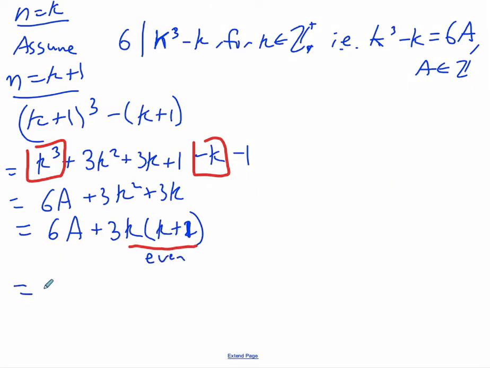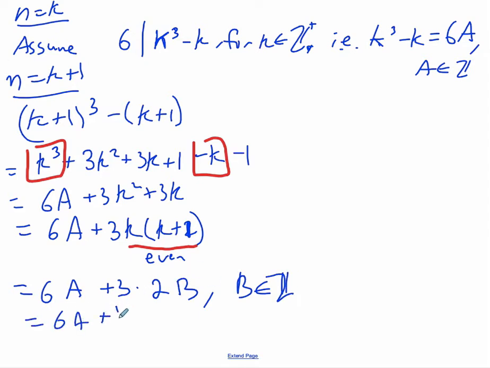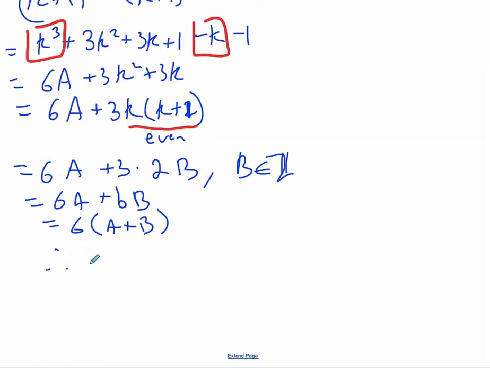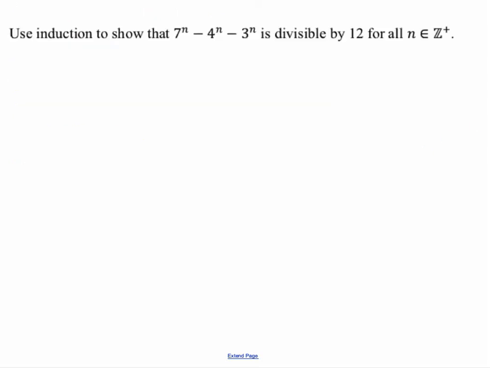Okay, so we can write this as 6a plus 3 times 2b, for some integer b. Okay, so then we have 6a plus 6b, so this is divisible by 6. Therefore it's true for n equals k plus 1, and then you need to write your statement at the end.